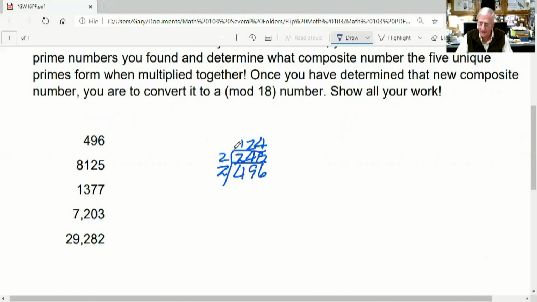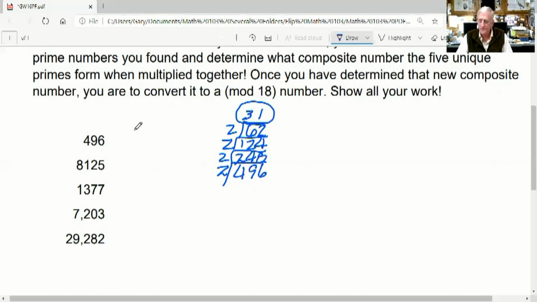So let's get that down there. Let's divide it by 2. And that is what? 62, I believe. And if I divide that by 2, I get 31. So 31 is that unique prime number I'm looking for in that prime factorization of 496.